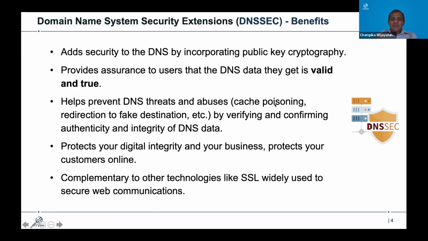Cache poisoning means wrong answers get cached in DNS resolvers, or redirection to fake destinations, because the resolver can, instead of sending your queries to the right authoritative server, like what we explained before, have the query redirected to a wrong or fake server, that is the name server that is going to send you the responses, the authoritative server, right?